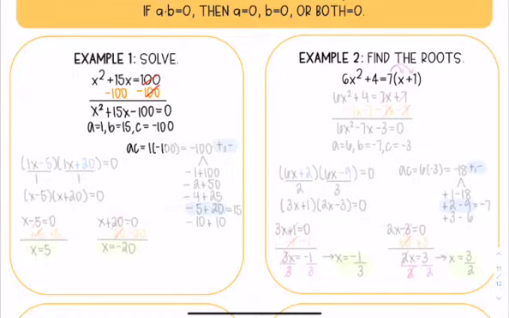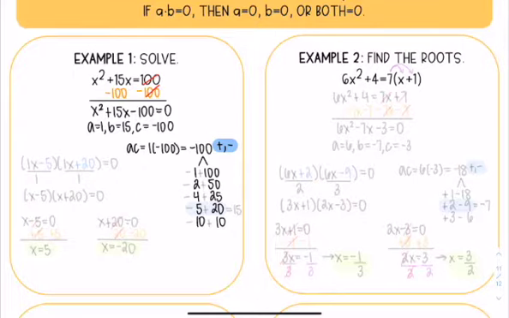We have 1 times negative 100, which is negative 100. That means we can have one positive and one negative number. Factors of 100, I have 1 and 100, 2 and 50, 4 and 25, 5 and 20, 10 and 10.